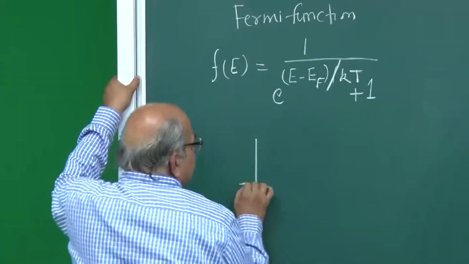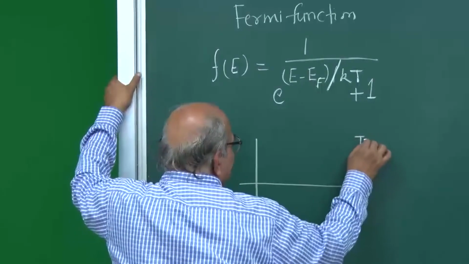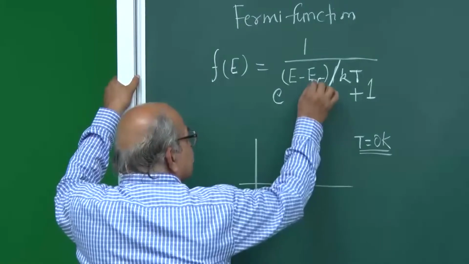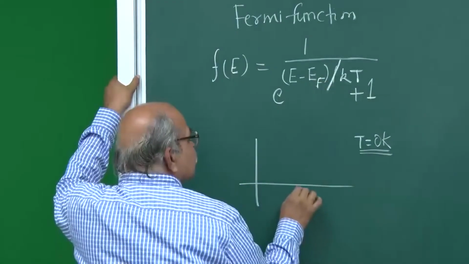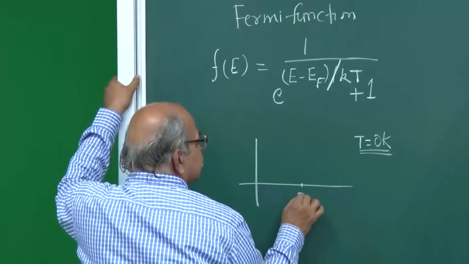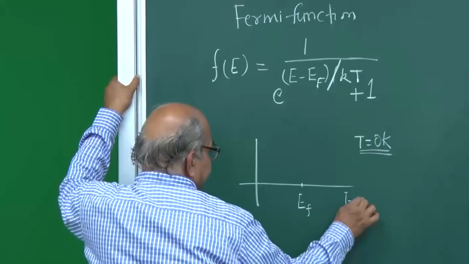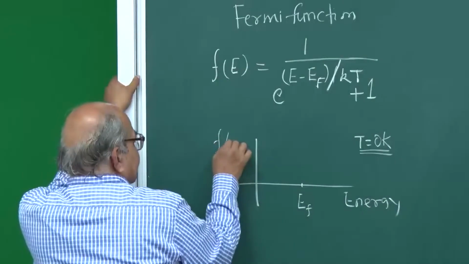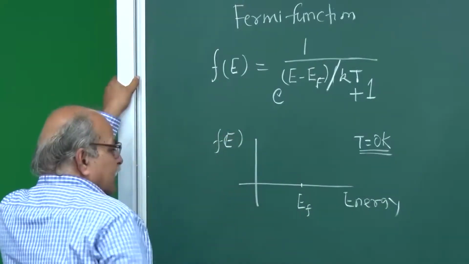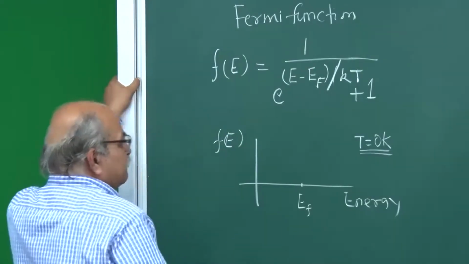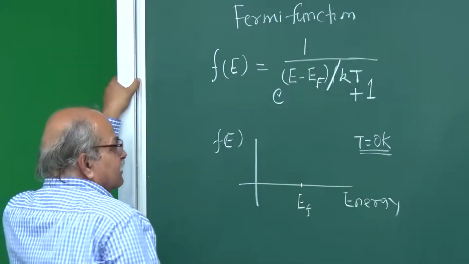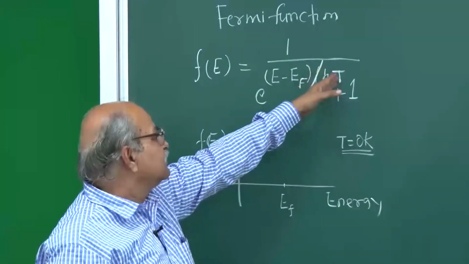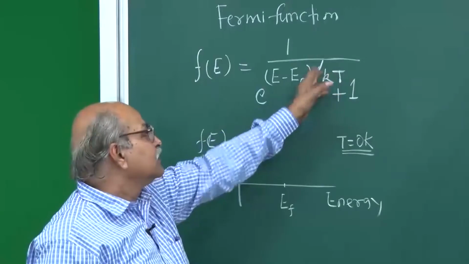So if you look at 0 K, T equal to 0, and EF is another constant appearing here, let's say this is EF, this side is energy, and this side is this F(E). If you try to plot this, if T is 0, this is going to be infinity, since it is in the denominator of this fraction.